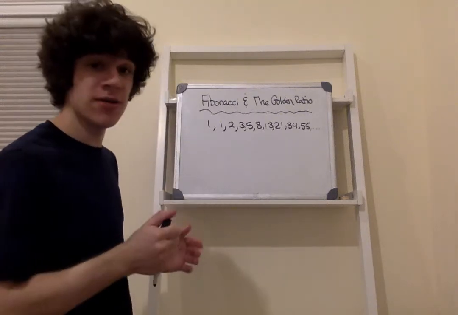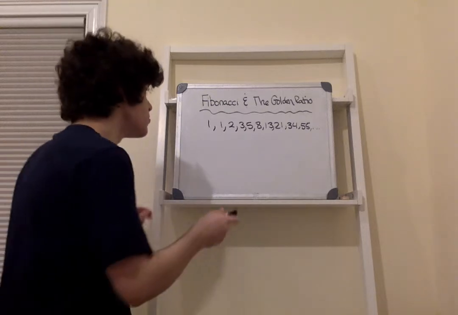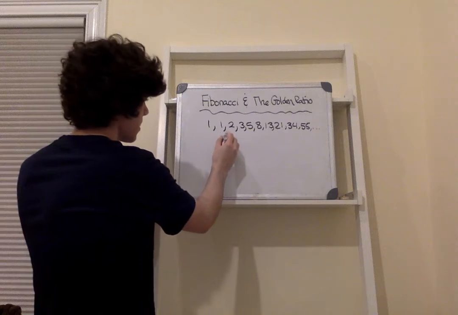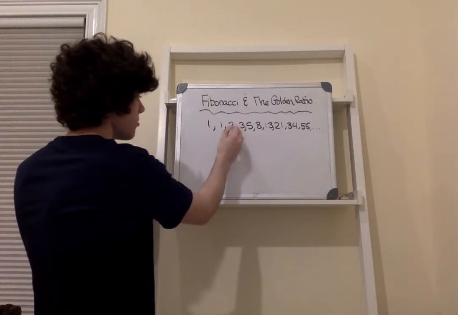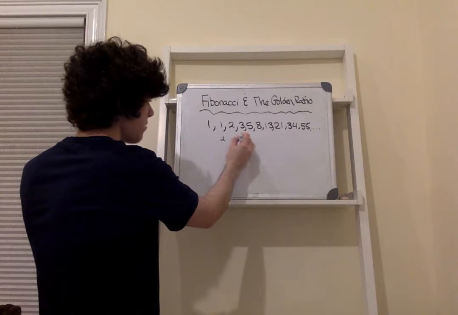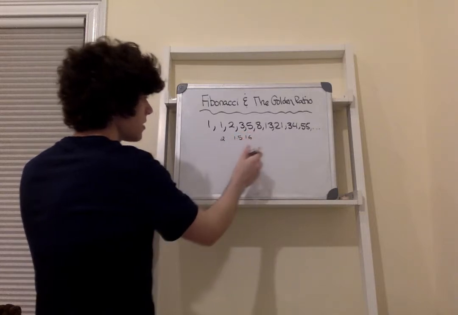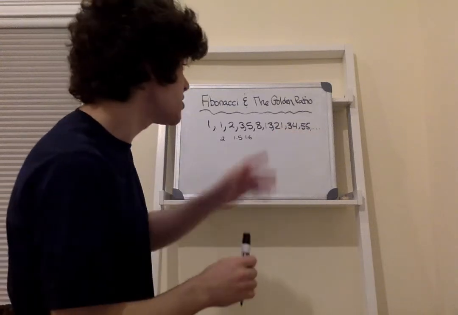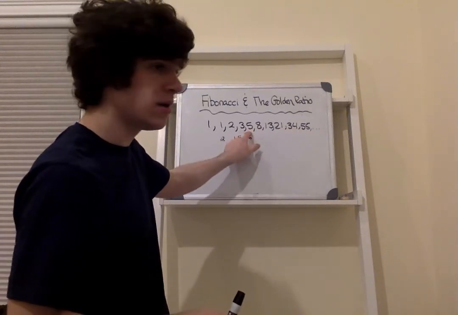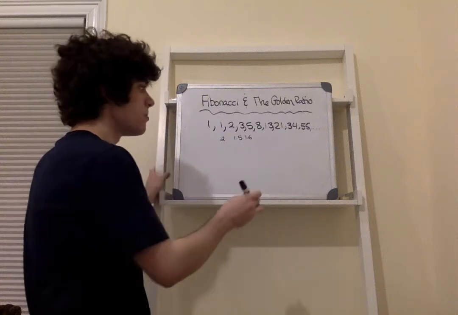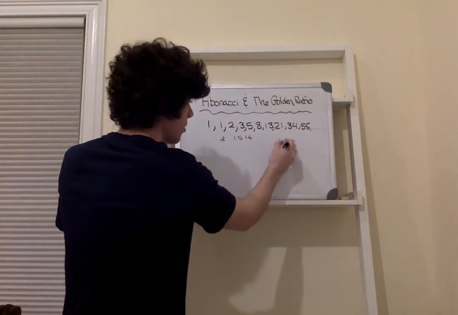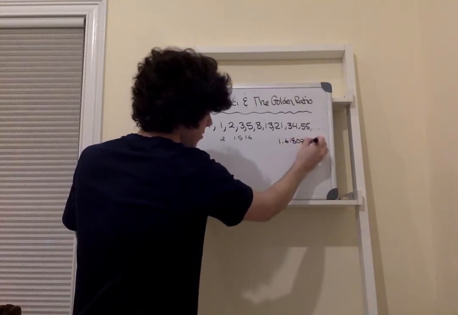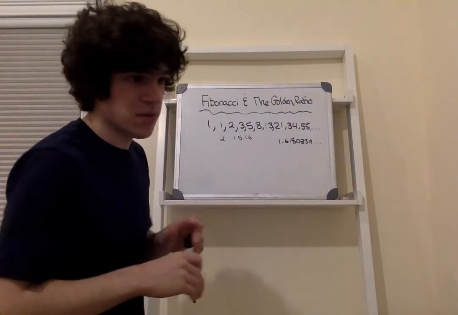Now, what is curious about these numbers is if you take this number and divide it by this number, we get 2. And then when you take this number and divide it by this number, we get 1.5, 1.6, and as this sequence goes forward, this ratio of the n plus 1 number over the n number becomes this number, 1.6180339... And what is this number?